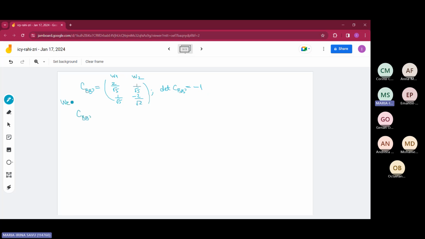So we choose this matrix, which contains W2 and W1.